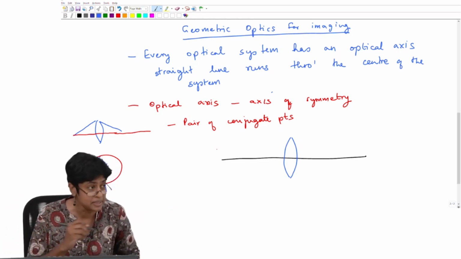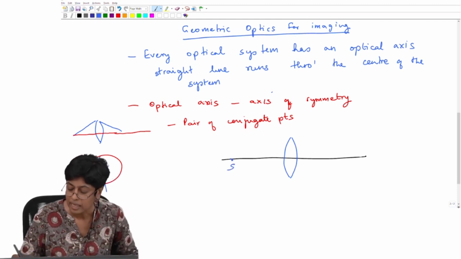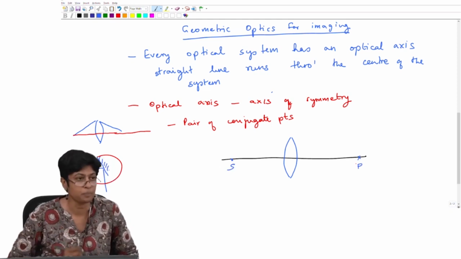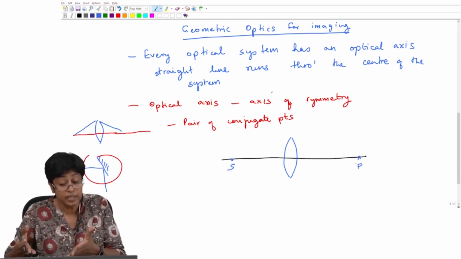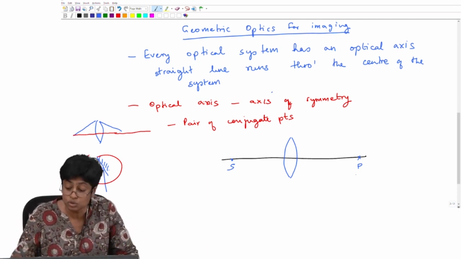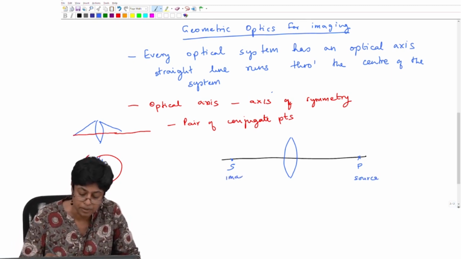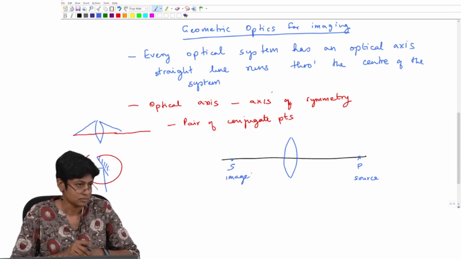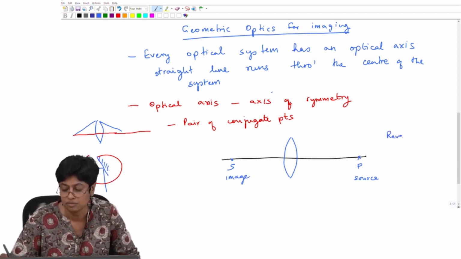So, if it is an imaging system, that means if I have a point source S and it is getting imaged at a point P, the conjugate points are S and P. This means that if I were to put the source here, the image would form here. So, the optical path is reversible. So, this is the reversibility principle.